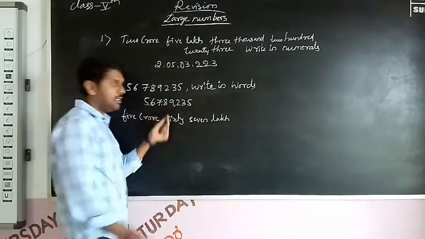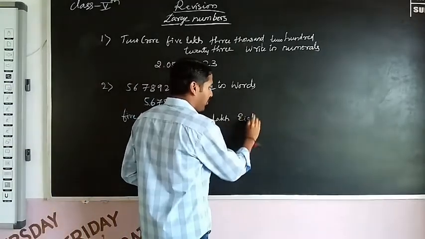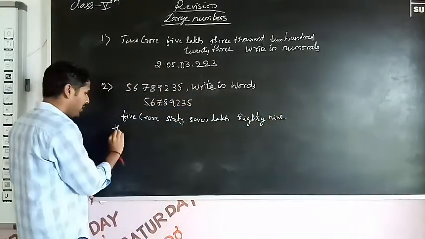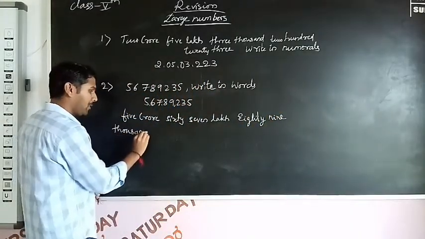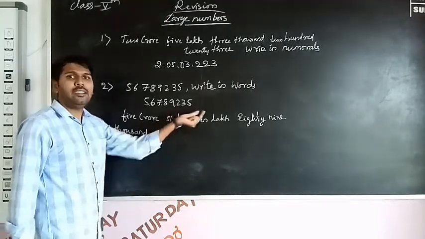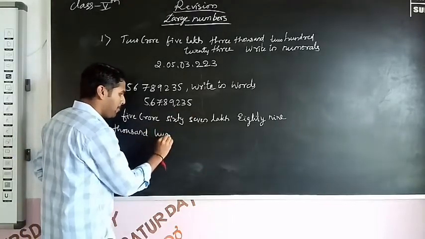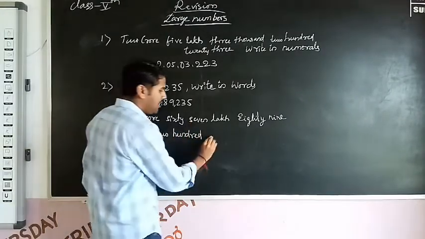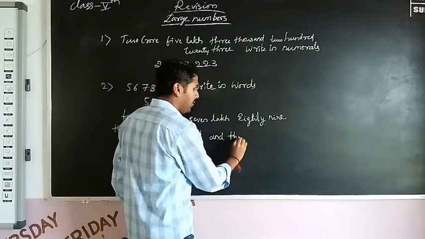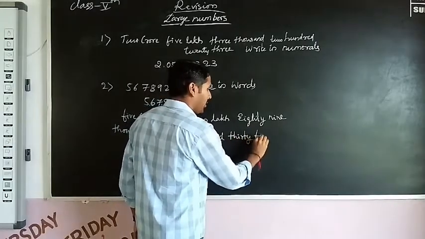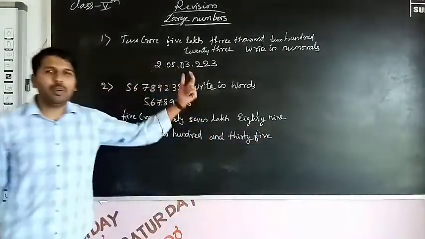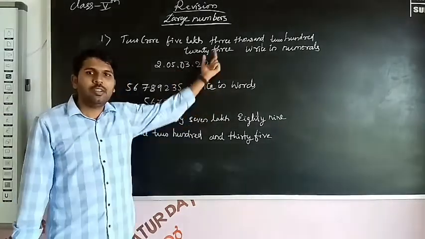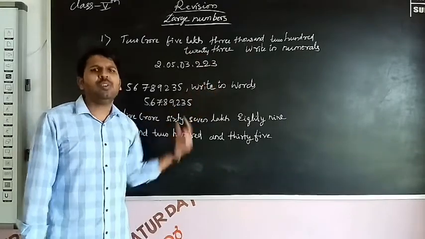Next 89,000. 89,235. 235. I have explained only one form because of shortage of time. So this is the conversion: words to numerals, numerals to words.